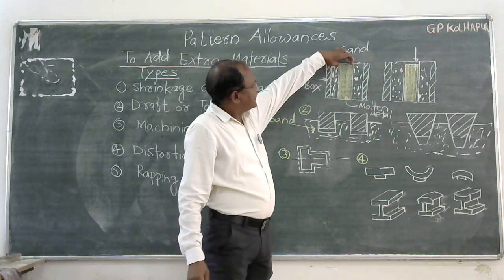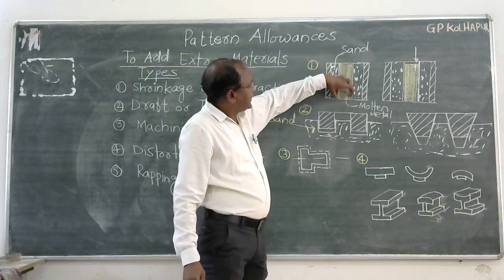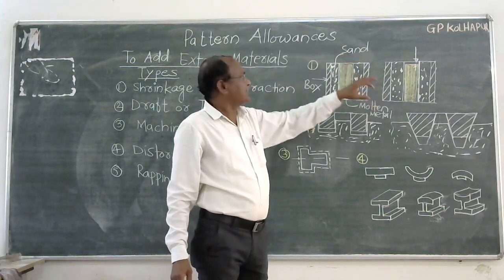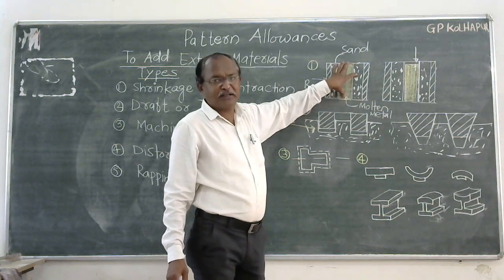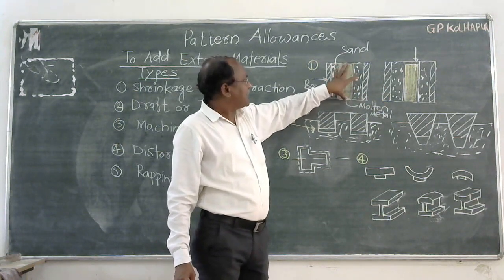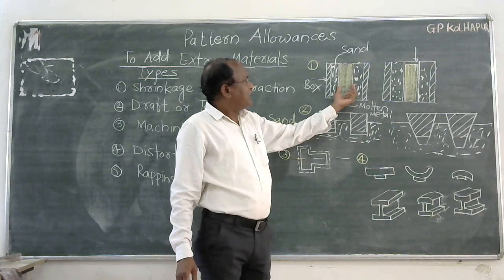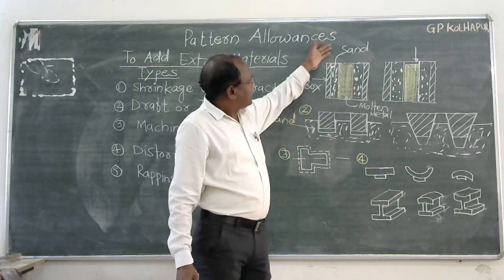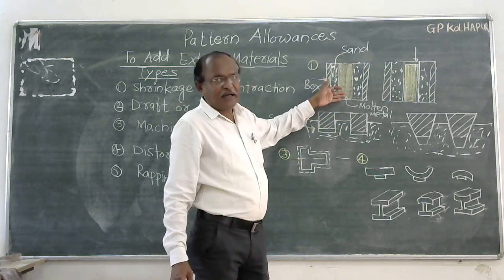Previously you prepared this mold cavity by withdrawing the pattern. So this type of cavity I will obtain after removing the pattern, and I am pouring the molten metal inside this cavity.